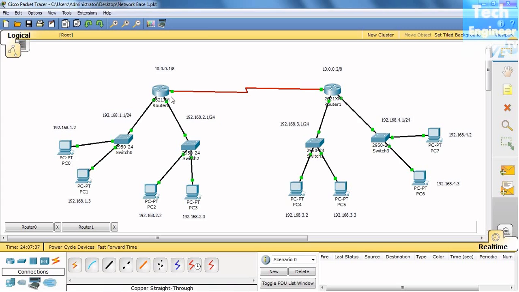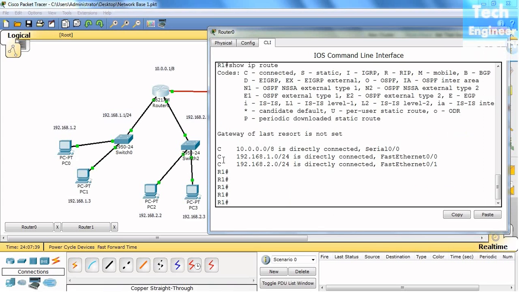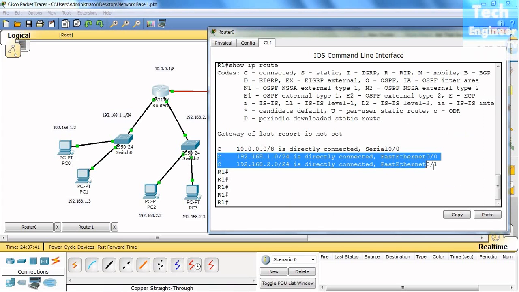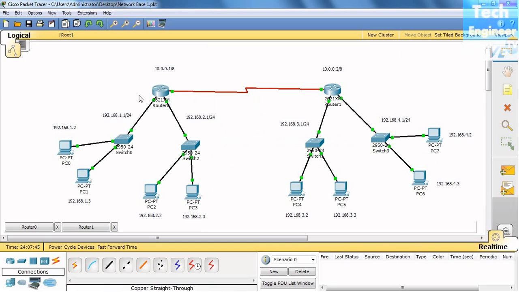And if you remove these entries from the routing table, these routers will not be able to understand what the network is all about, and you will find that the red light will start glowing, because they don't know what exactly the network is all about.